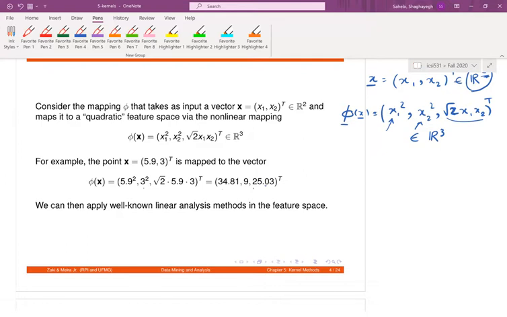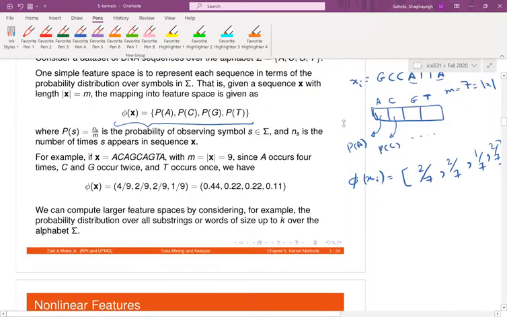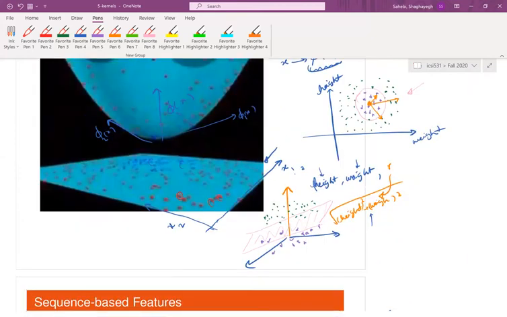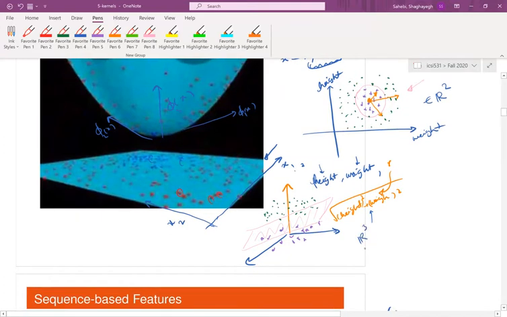After we move our data from the input space x to the new feature space phi of x, then we can apply the linear analysis that we had in this new feature space. So similar to what we had here, we had weight and height, and our data were in the two-dimensional input space, and then we moved it to a three-dimensional feature space, and then we didn't need a curve to separate our data.